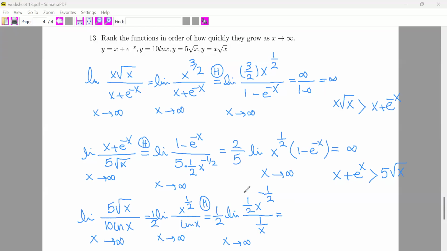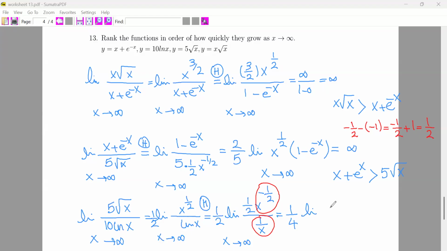So we would combine 1 over 2 and 1 over 2 to 1 over 4. The power here is negative 1 over 2, and the power here is negative 1. So it will be negative 1 over 2 minus negative 1. We would have negative 1 over 2 plus 1, which is 1 over 2.